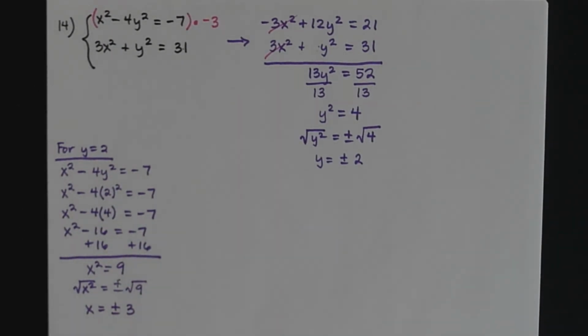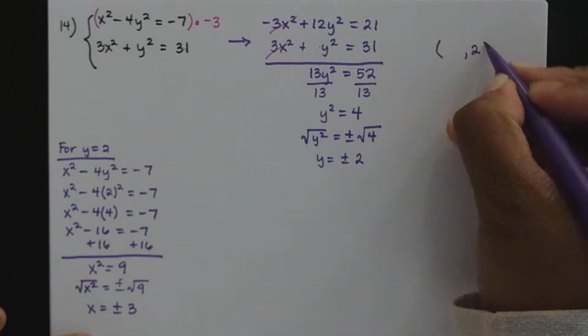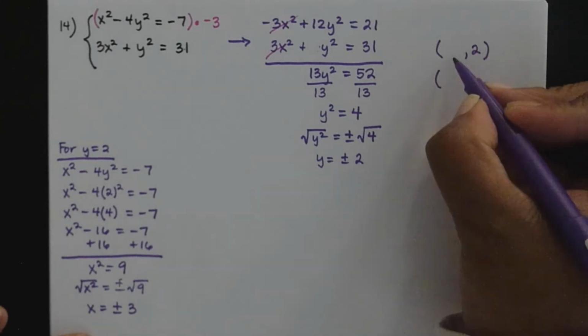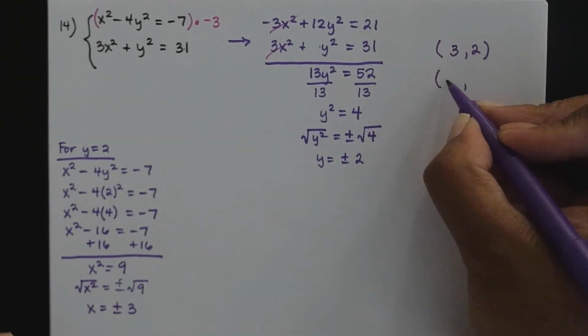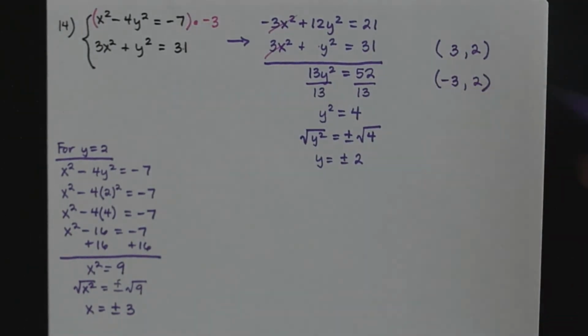So when y is 2, I'm going to put the 2 here after the comma because that's the y value. I have a positive 3 and a negative 3 for the x value along with this 2. So I have a pair of ordered pairs that satisfy this system of nonlinear equations.